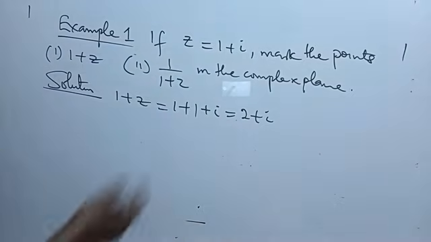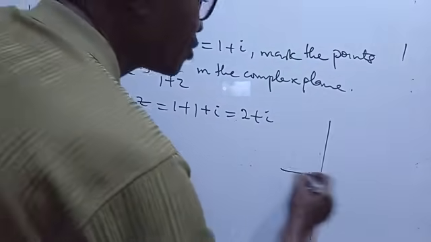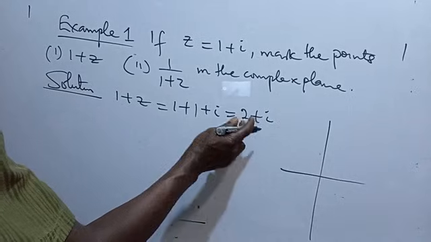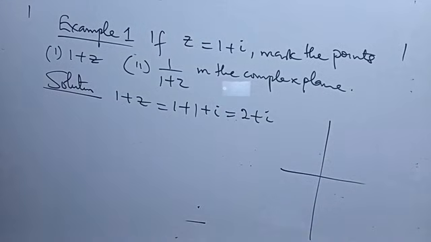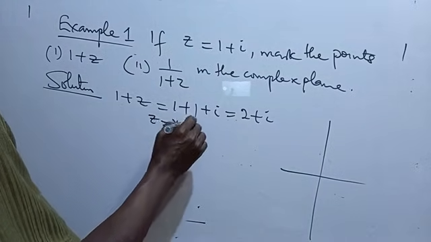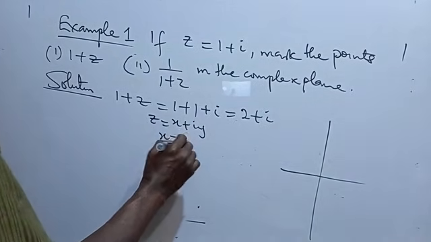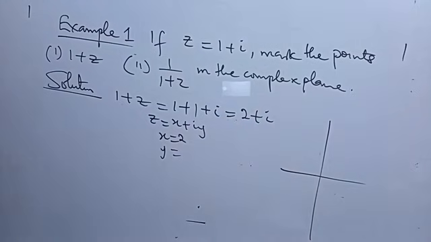So how do we now mark this point in the complex plane? Now these are complex plane, like I've shown before. Don't forget, you compare this value with x plus iy. It's like saying that z is equal to x plus iy. So our x here is 2, while our y is 1. The coefficient of i here is 1.